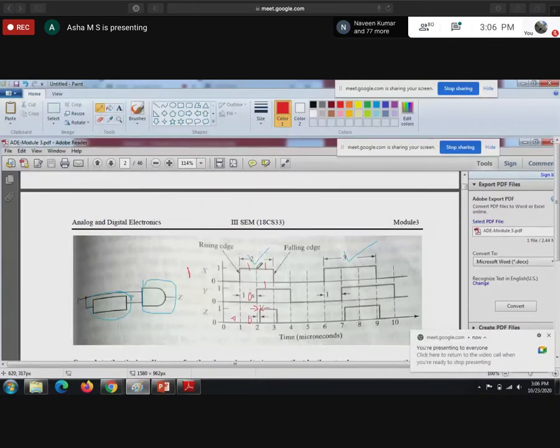See, at 2 microseconds, Y changed from 0 to 1. So now both the inputs are 1 and the AND gate should change to 1. But what will happen here? There is a small amount of delay here, so Z is not going to change immediately from 0 to 1. It takes some amount of time after Y has changed from 0 to 1.